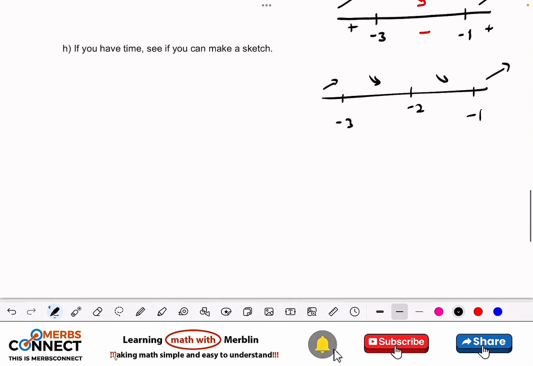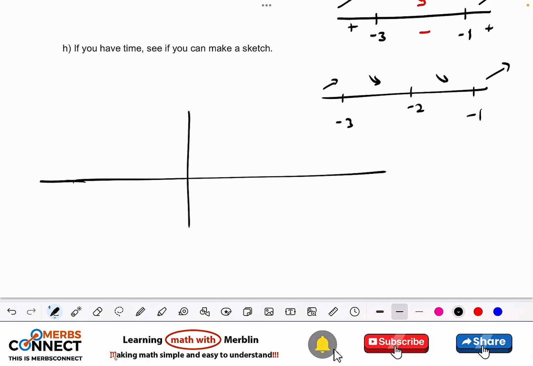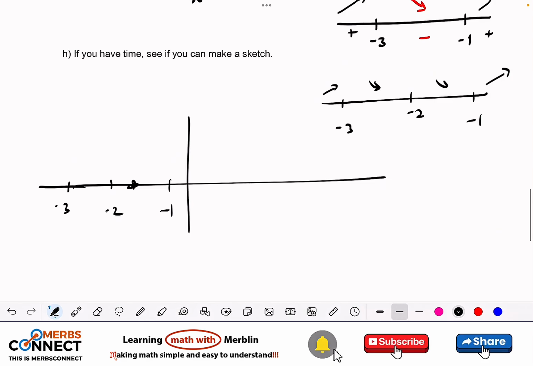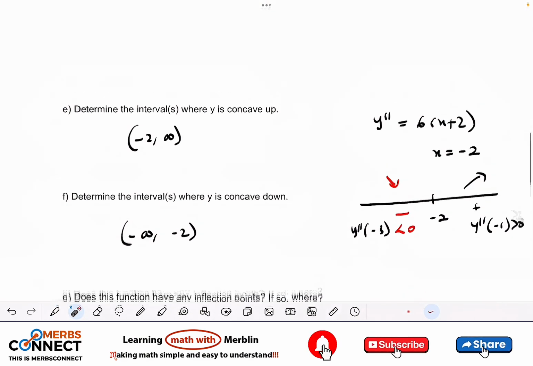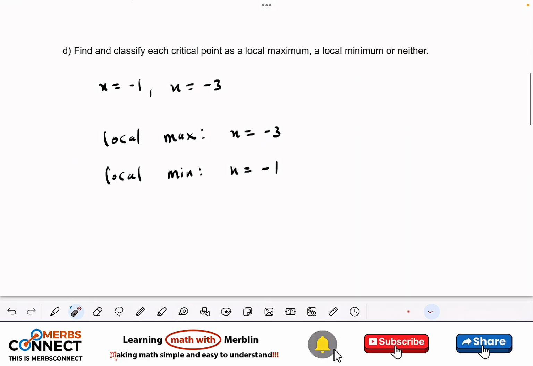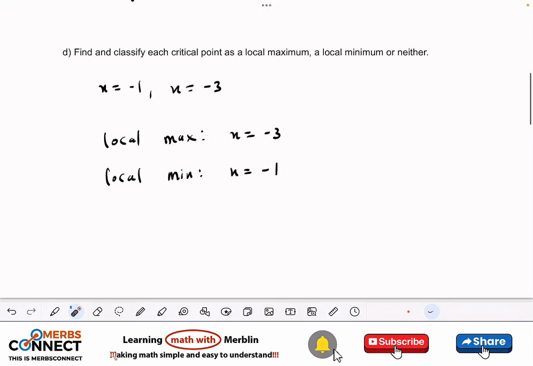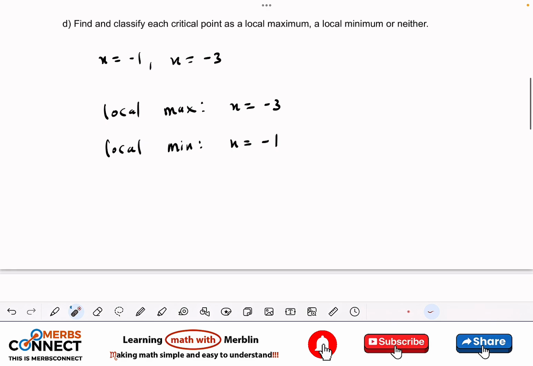We can sketch on the x and y axis. We can think of -3. We can think of -2. We can think of -1. And then the minimum value is going to happen at -3, and then this one is going to happen.